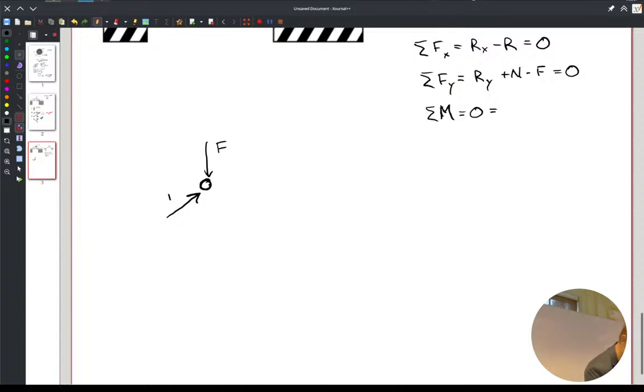So maybe we'll call it B1, and then let's do a different angle for B2. So the reactions inside of B1 and B2 have to add up to that total force F down. And that's another way of doing this, where we look at the sum of the forces, and now we're just looking at a point location rather than the total structure. Either way, you'll get to the same results.